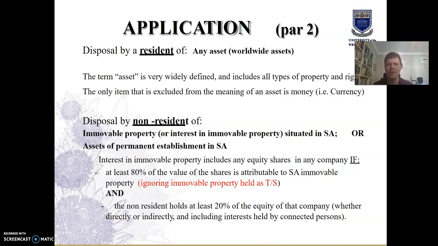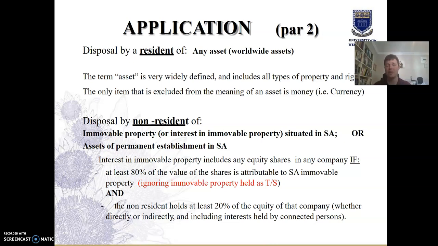Now, to repeat, if you're a resident, any assets worldwide, local or foreign. If you are a non-resident, you are only going to be subject to CGT as appropriate if you dispose of immovable property, or if you own the rights to immovable property, which is in South Africa, or assets of a permanent establishment.